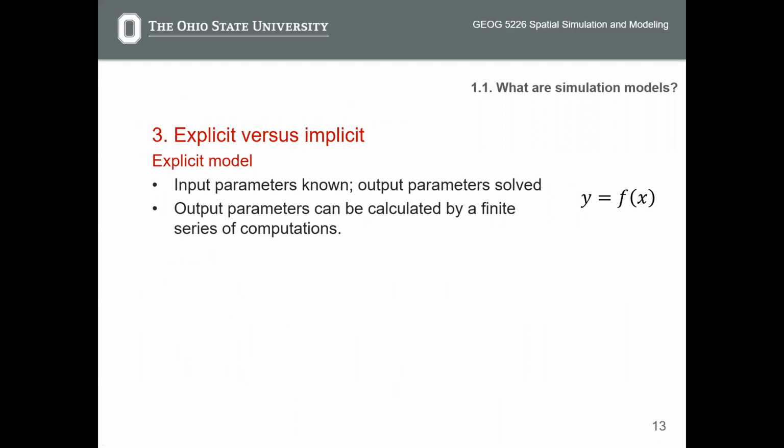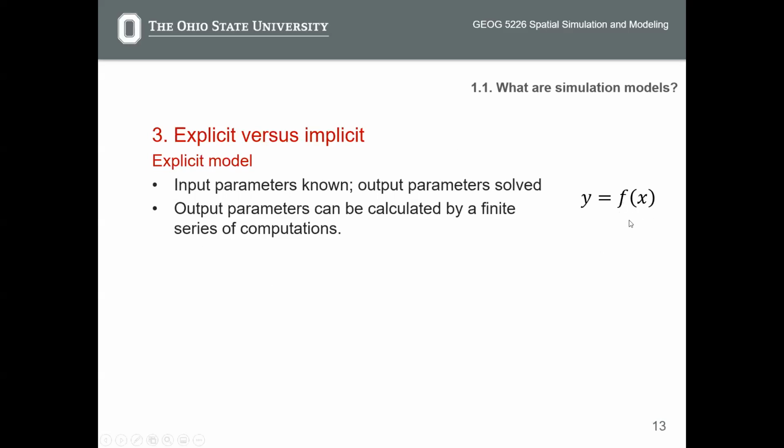And next, let's talk about explicit and implicit mathematical models. For an explicit model, input parameters are known. Output parameters need to be solved, and output parameters can be calculated by a finite series of computations.